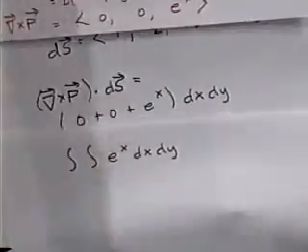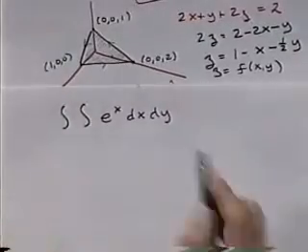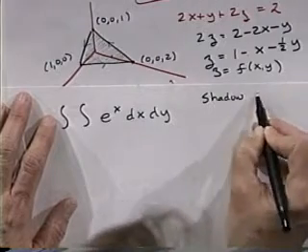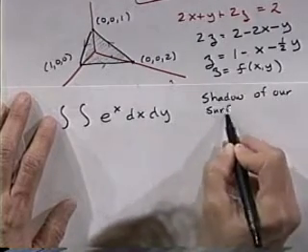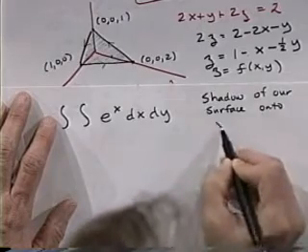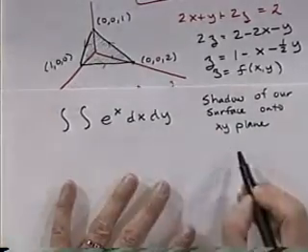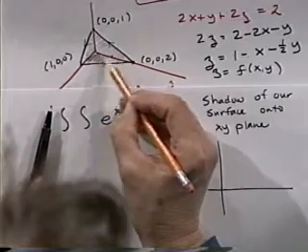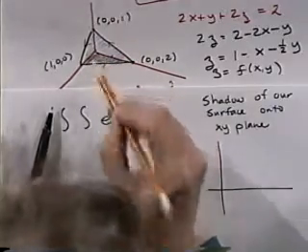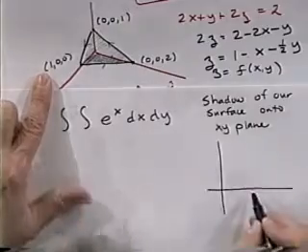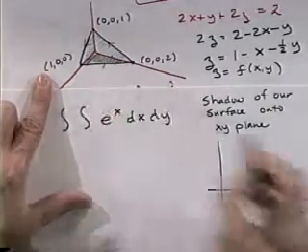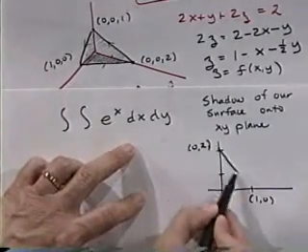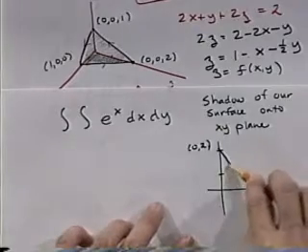Now, we've got to figure out what our limits of integration are. We're integrating with respect to x and y, so we take the shadow of our surface onto the xy plane. So I look at that and I say, oh, my shadow's down here. This is the point 1, 0, 0, and this is the point 0, 2, 0, and so we're integrating over this region.